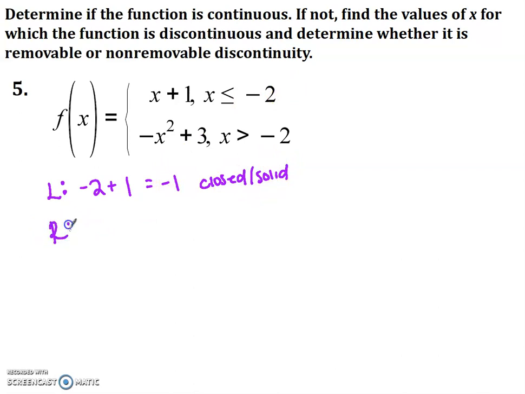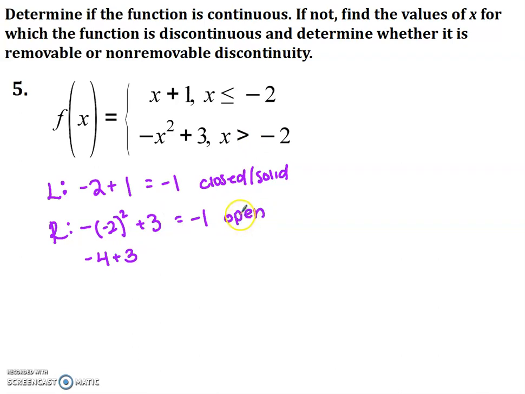Then I'm going to look at the side of the graph to the right, so that would be the greater than inequality. So I'm going to plug in -2. You square the -2 first, then multiply it by the negative, and then we're going to add 3. So 4 times a negative would be -4 plus 3, which is going to give me a y value of -1.